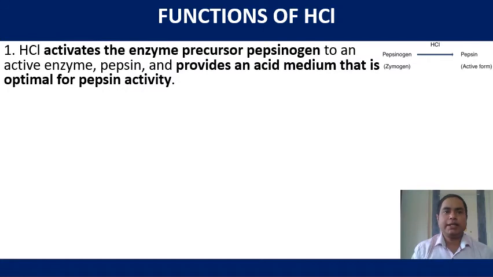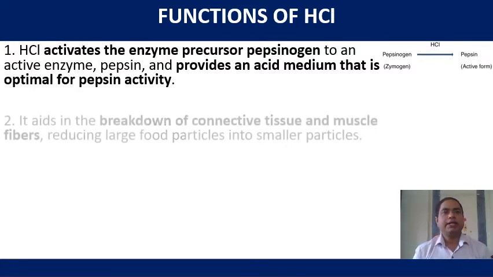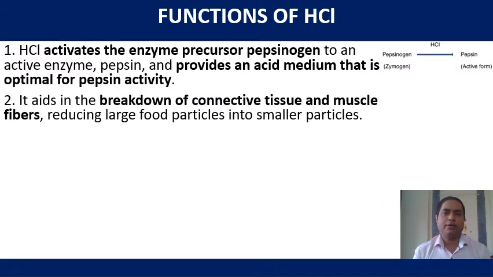Actually, HCl activates the enzyme precursor pepsinogen to the active form pepsin and provides an acid medium that is optimal for the pepsin activity. So it aids in the breakdown of the connective tissue and muscle fiber, and it also reduces the large food particles into smaller particles.